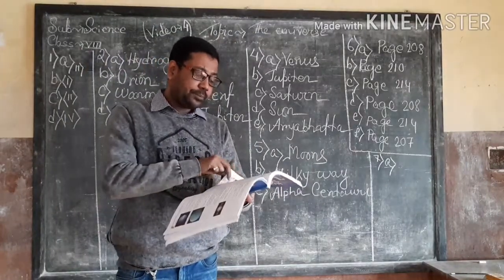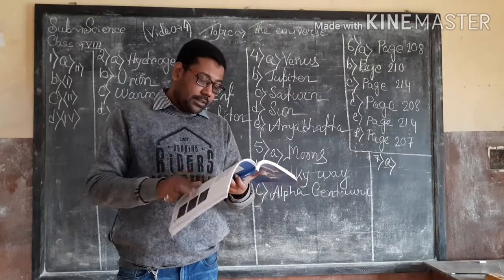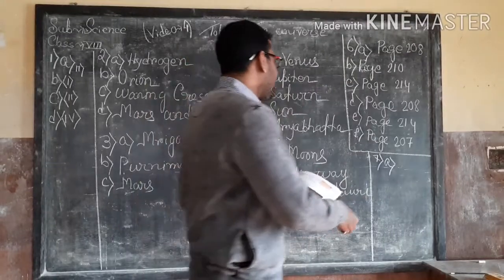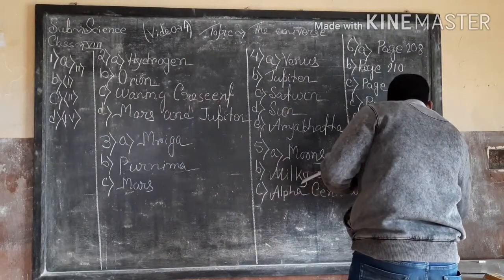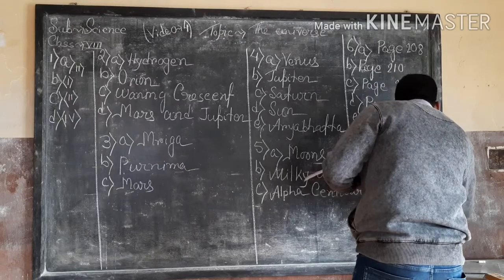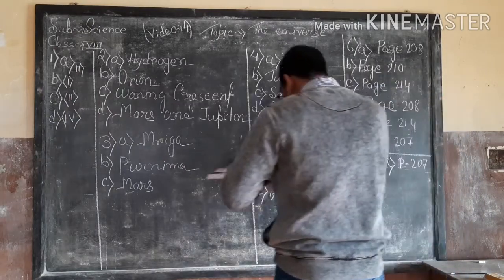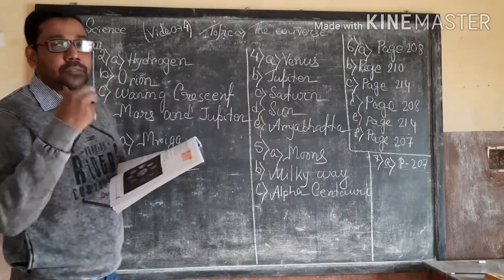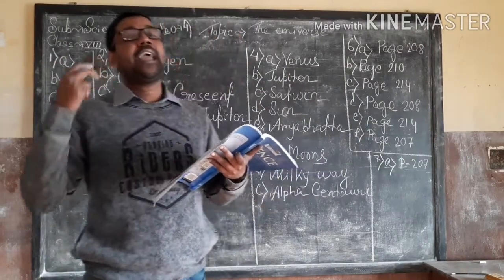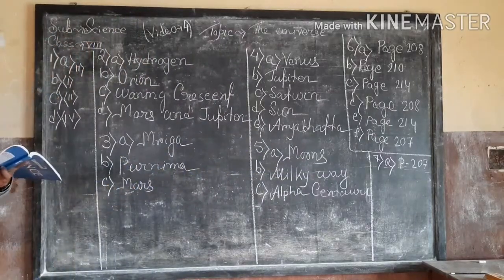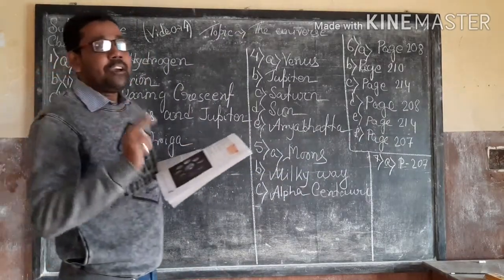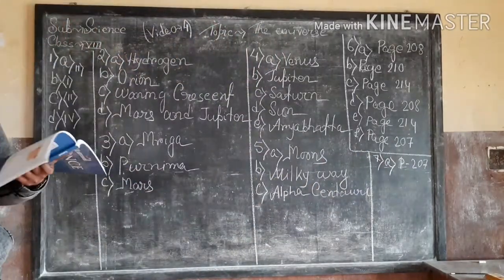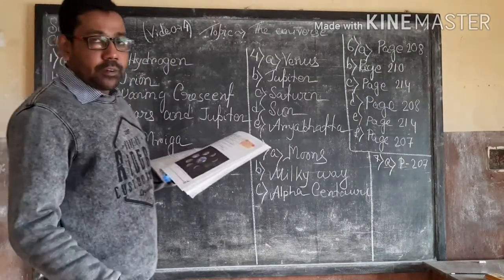For this question, we refer to page number 207, under the phases of the moon. In this case, we will discuss all 8 phases of the moon, the different phases of the moon, for this question.